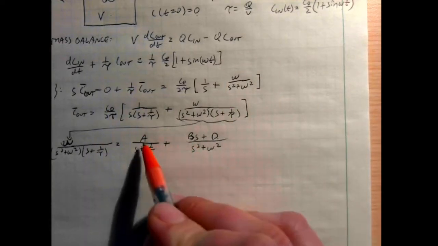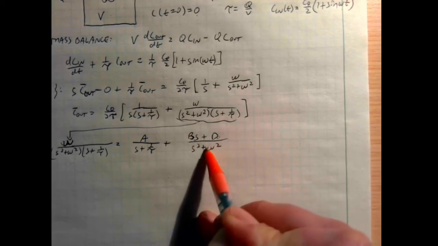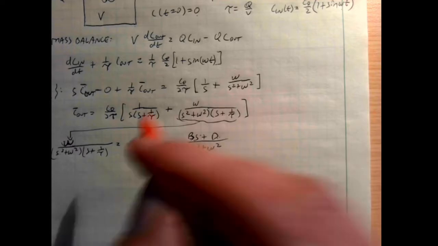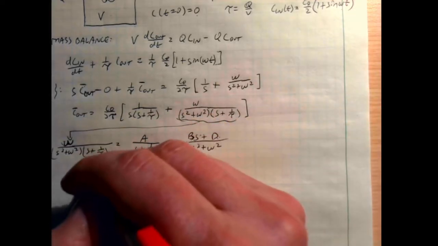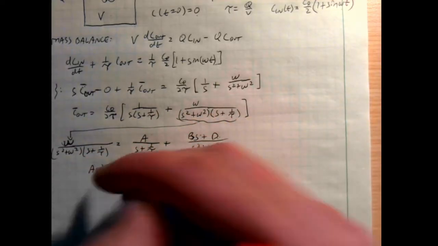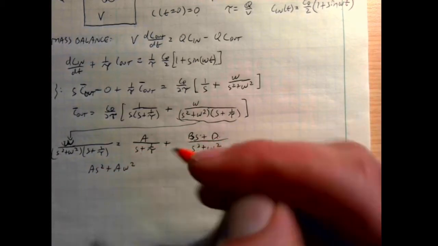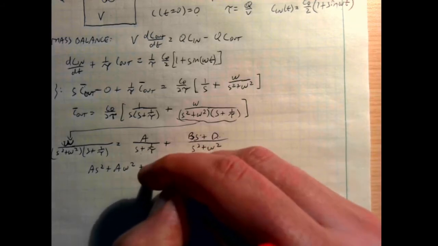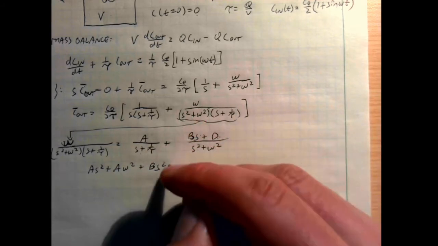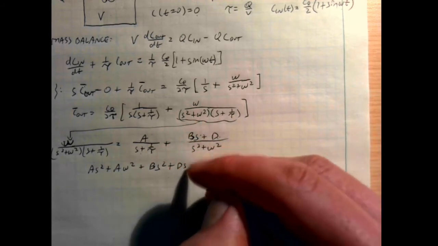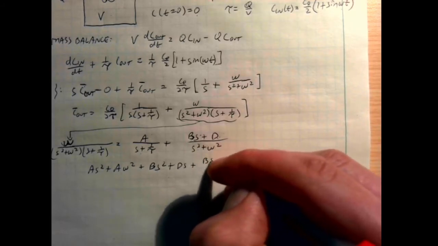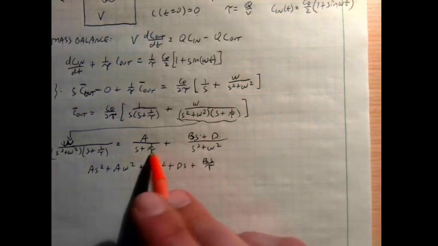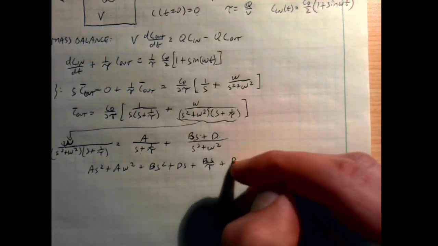So I've got to break it apart, and I need to find the values of A, B, and D that when I cross multiply and add those together give me omega. So if I just do the cross multiplication, I'm going to get As squared plus A omega squared, and then this one is going to be plus Bs squared plus Ds plus Bs over tau plus D over tau.